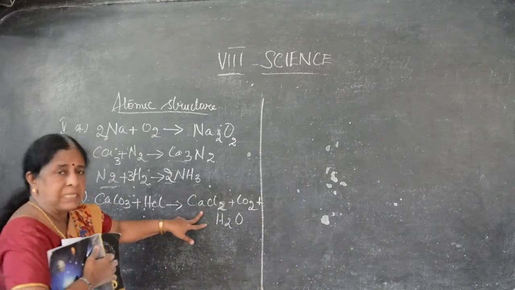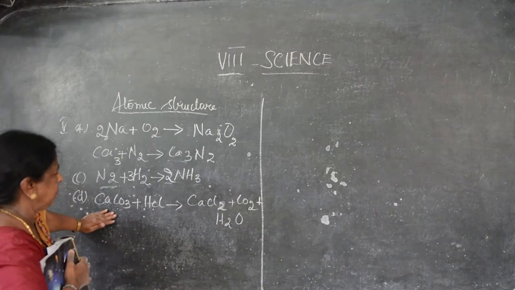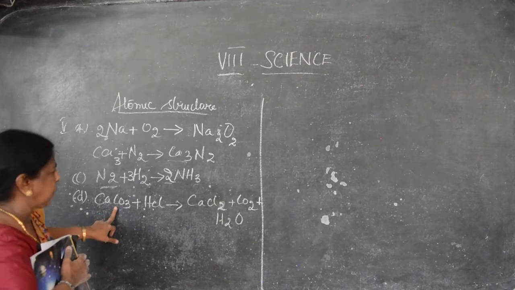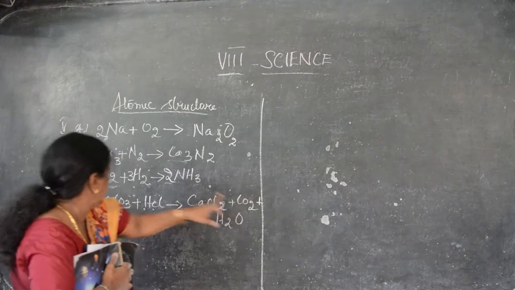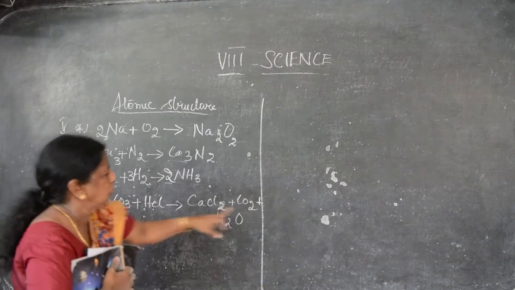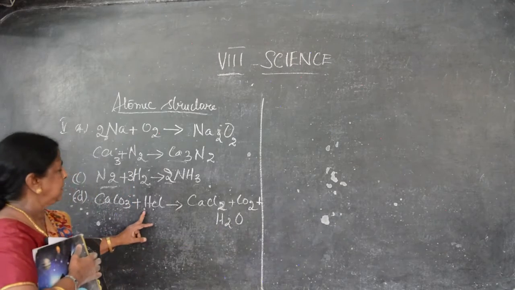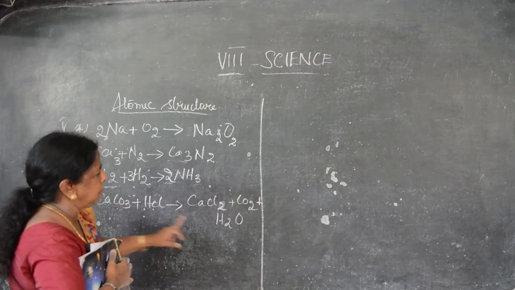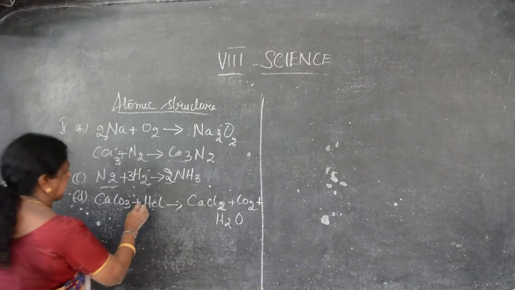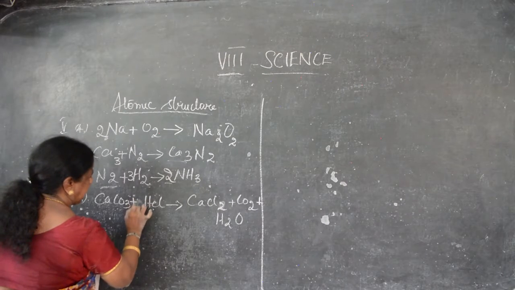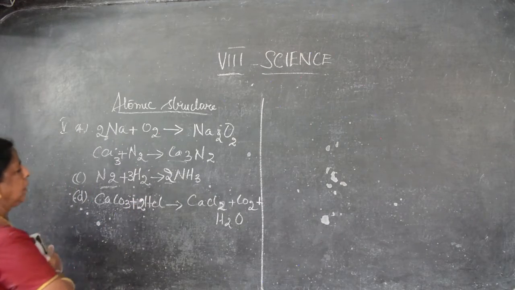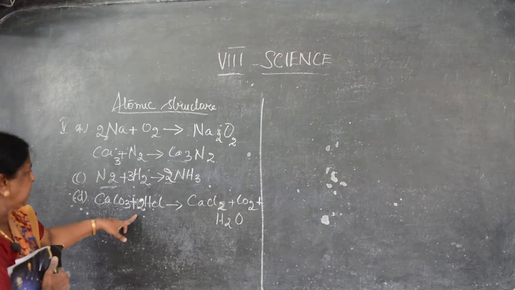Now, only 1 calcium, here also 1 calcium. Then carbon, only 1 carbon, here also 1 carbon. Oxygen 3, here 2 plus 1, 3. Hydrogen, only 1 is here, but here 2. So, we are writing here 2 HCl. So, to balance hydrogen, I am writing here 2 HCl. Now, hydrogen is balanced.